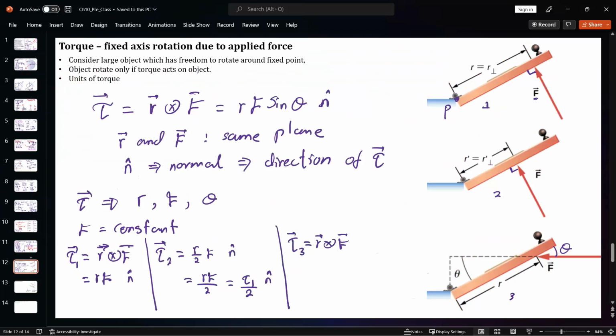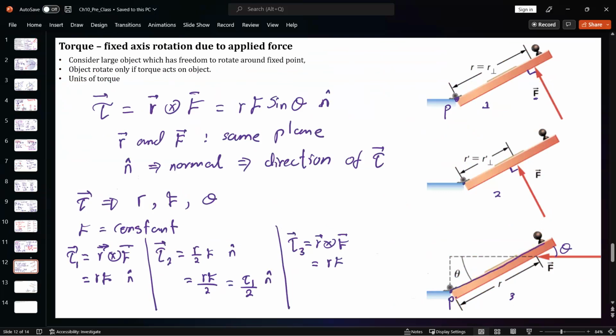The magnitude of R remains the same because it is applied at the same place as earlier, and the magnitude of F remains the same, but now those two are at some angle to each other. How do we figure out the angle? You always have to look at the direction of R relative to the fixed point. Okay, that's the fixed point.